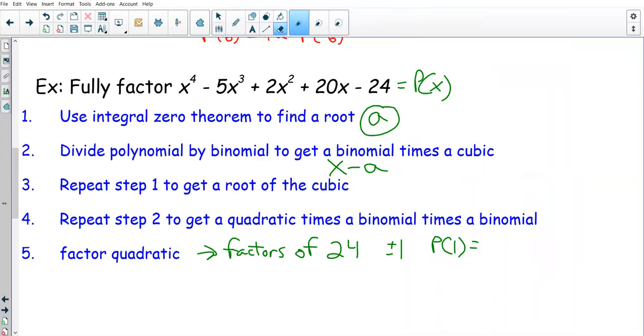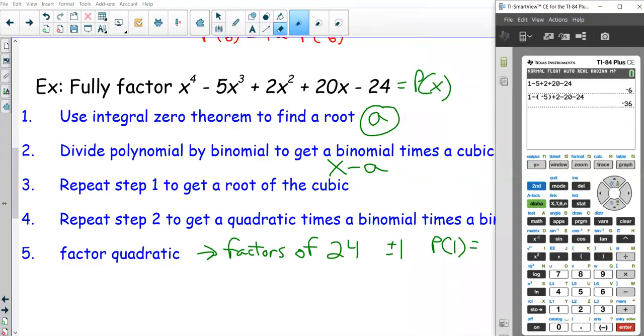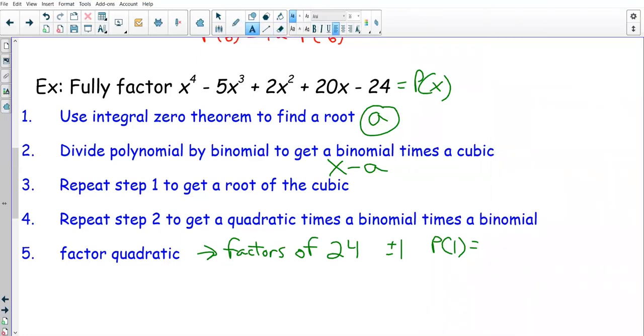Now we should write these down while we're going so we don't forget them. So we've got negative 6 for p of 1, and we've got negative 36 for p of negative 1. Okay, that was negative 6. P of negative 1 is negative 36.